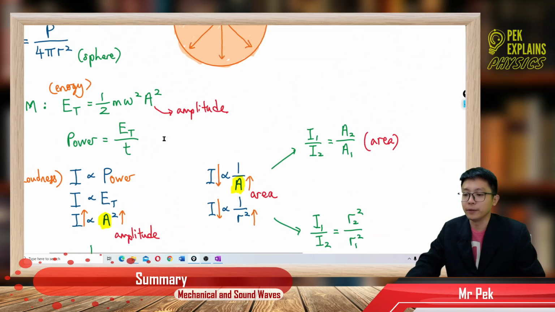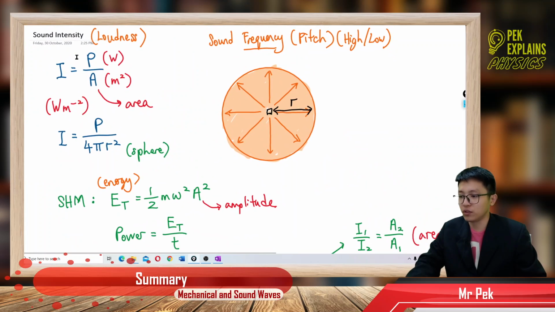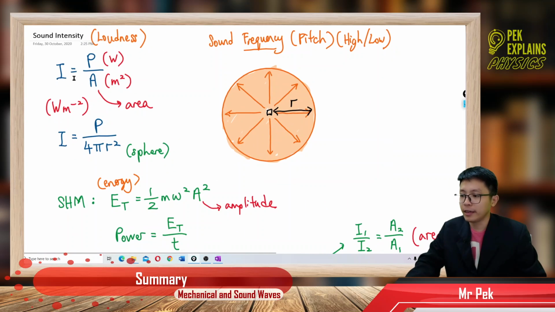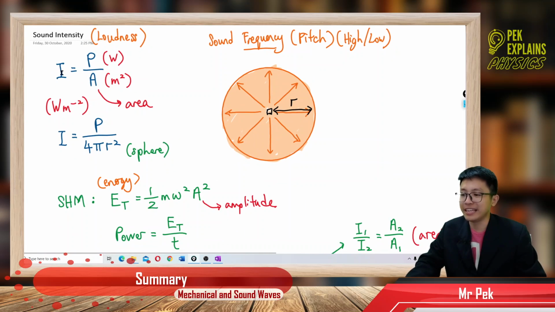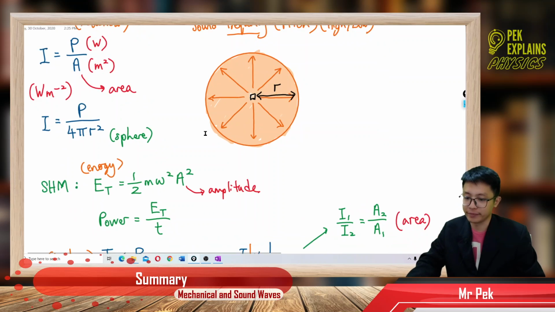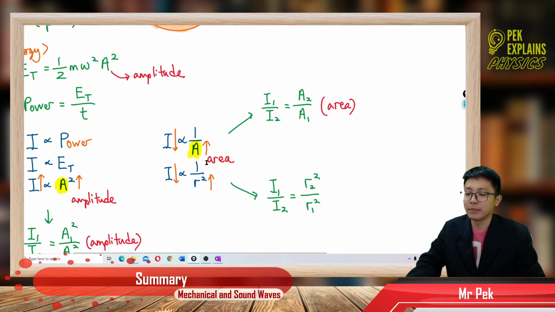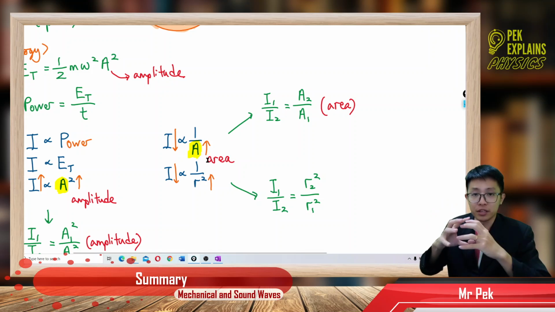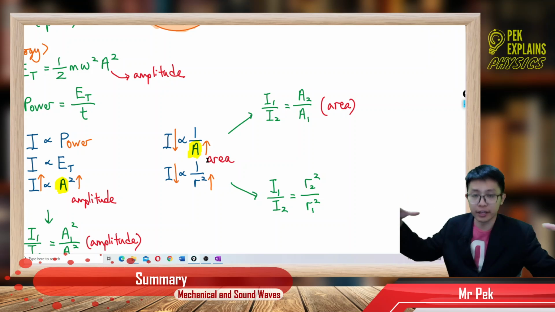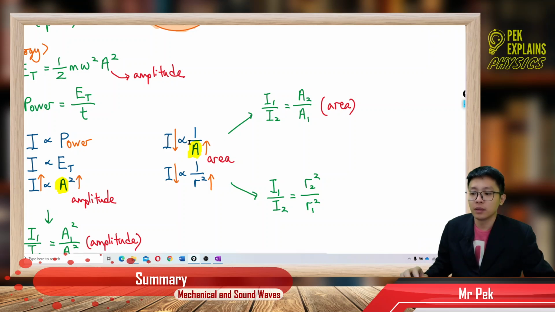Understand? Good. Now, based on this formula again, intensity is inversely proportional to the area. That means the more the sound is distributed to a bigger area, a bigger sphere, the lower the intensity you hear.